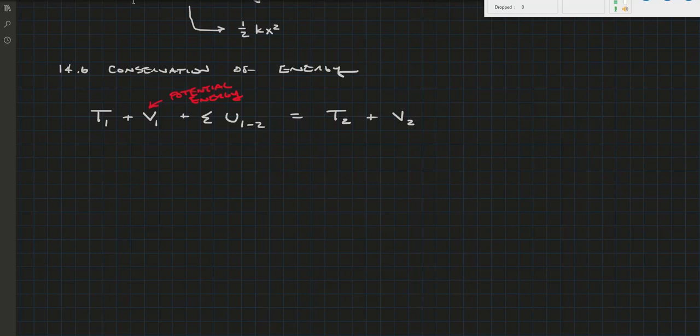And there are still some work terms left over that we haven't pulled out here. And these are our non-conservative energies, like the work associated with friction, for example, in here.